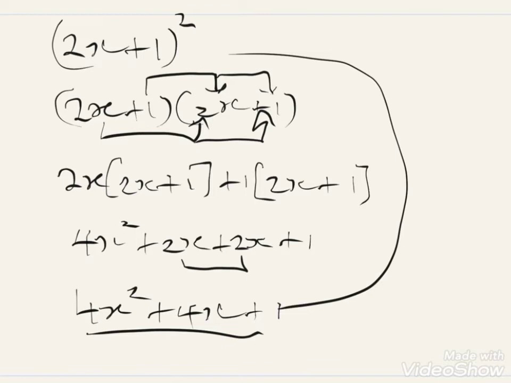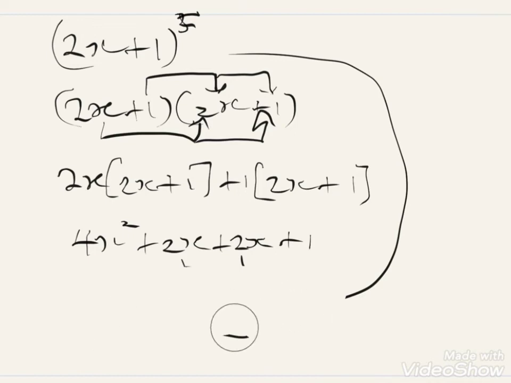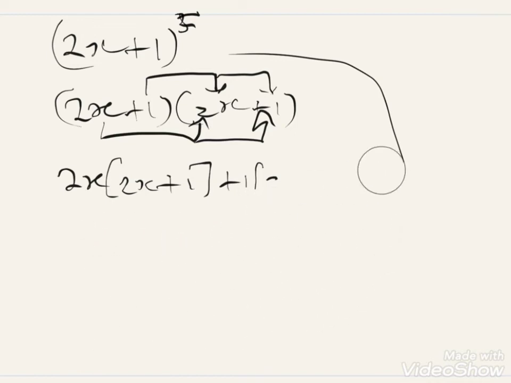But suppose the power of this binomial becomes 5, for instance. You see that we will go through some rigor trying to find the binomial coefficients. So at this juncture, we shall employ what we call the binomial formula, which I gave before using abstract. Let me clean to show us what I mean.